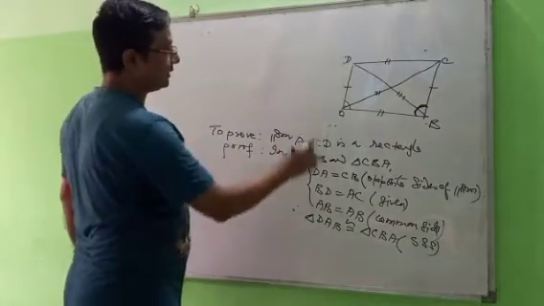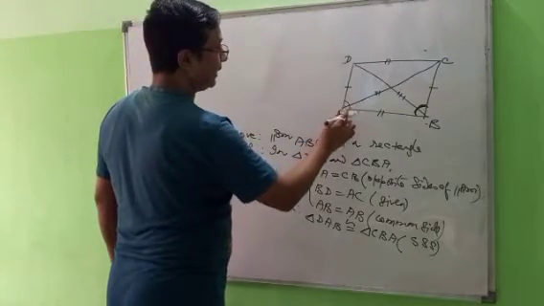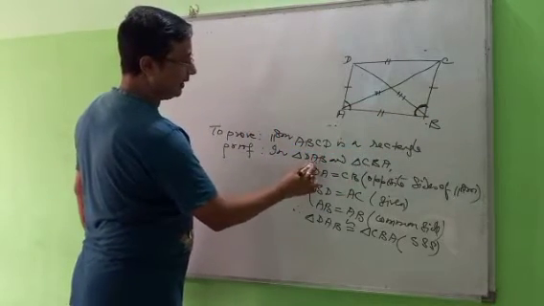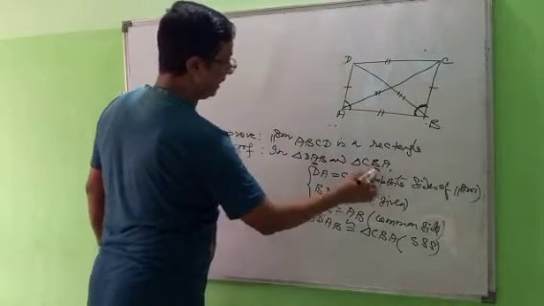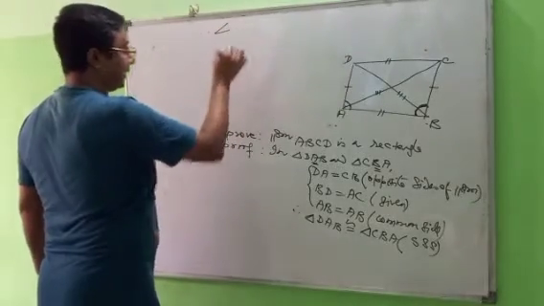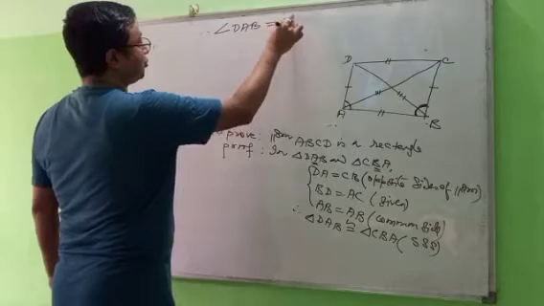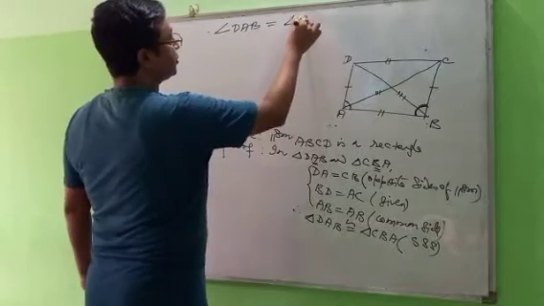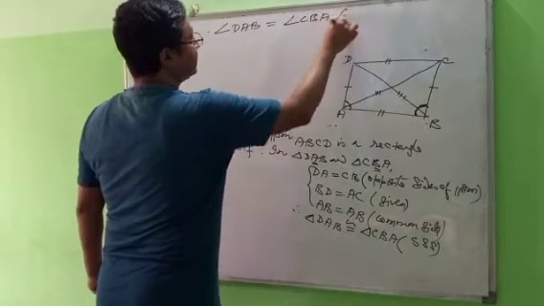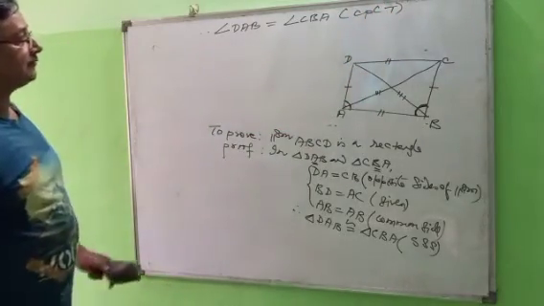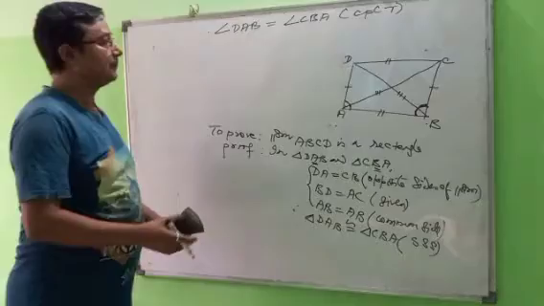Therefore, you will get that angle A corresponds to angle B. So angle DAB equals angle CBA. This is by CPCT. Now the given figure ABCD is a parallelogram.